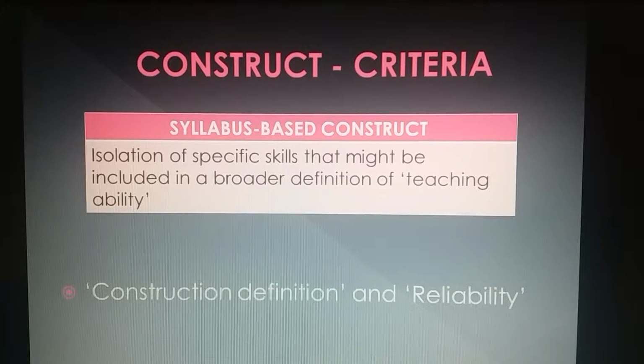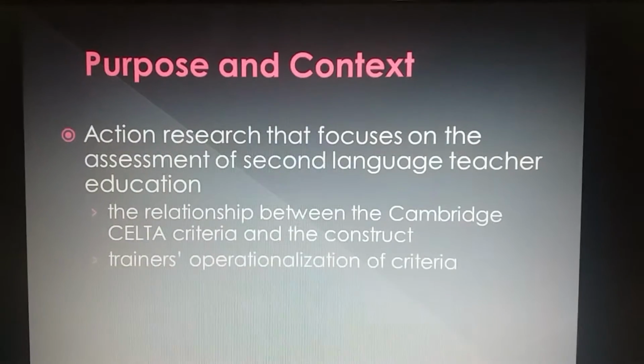And in this study, apart from the construct definition and reliability, the reliability of trainers' different interpretations of the sample criteria is also focused on. And the purpose of this study, in this action research, is the assessment of second language teacher education and the relationship between Cambridge CELTA criteria and the construct, and also, as I said, trainers' operationalization of criteria, how they interpret and understand and apply the criteria.